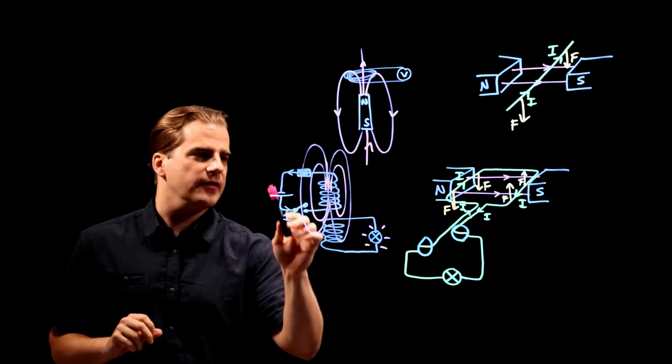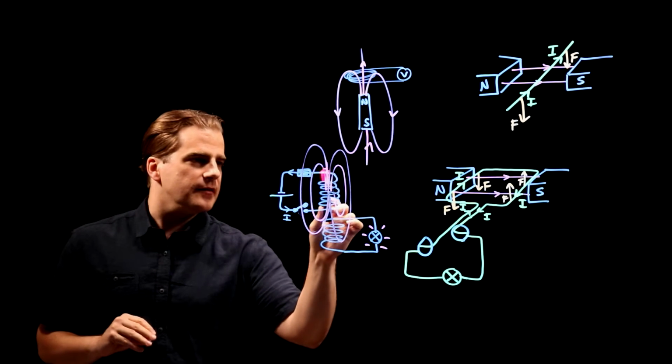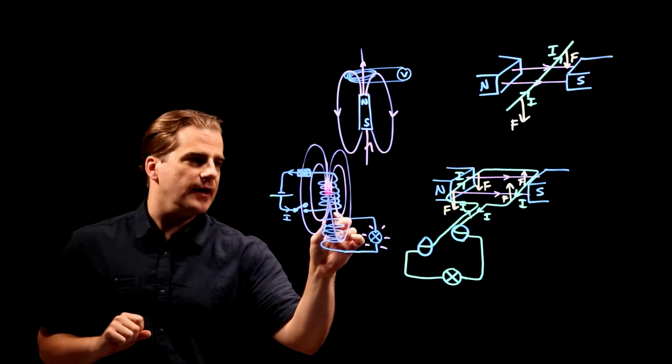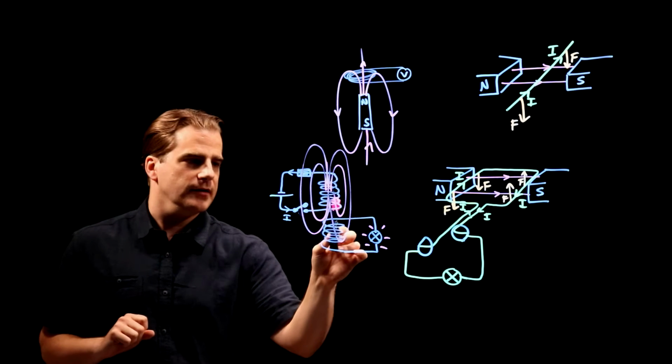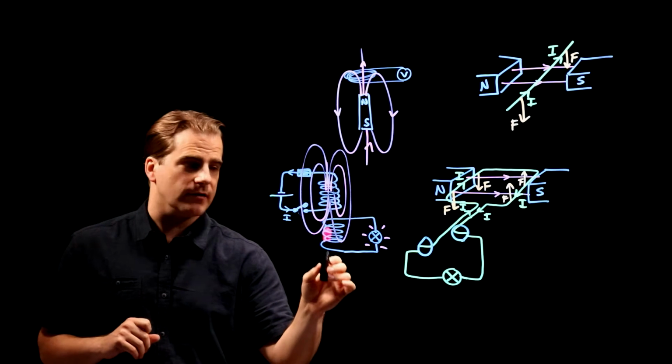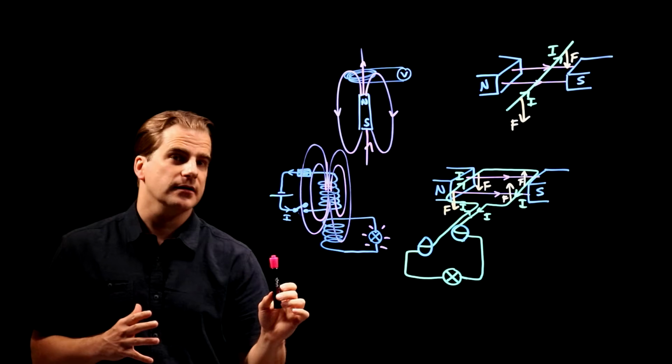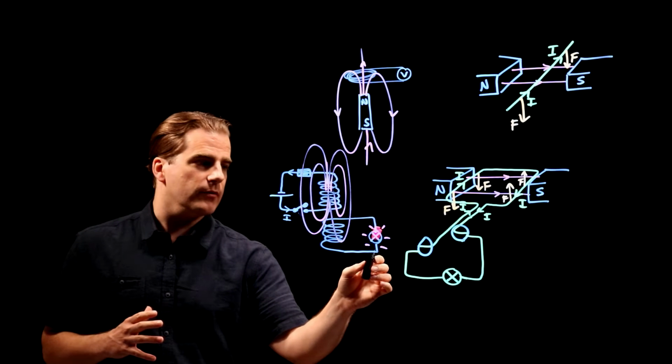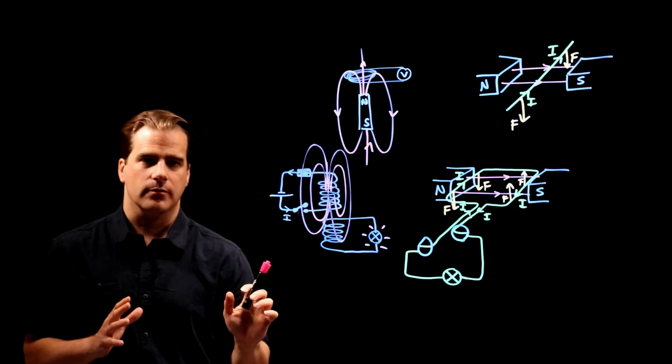It's a constant current in there. That means there's a constant magnetic field in this solenoid, okay? Which means this solenoid is sitting in a constant magnetic field. The magnetic field is no longer changing, and therefore the bulb will not light because no current will flow.